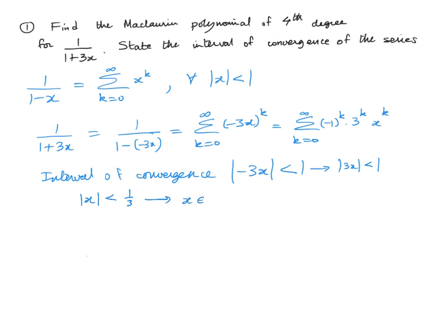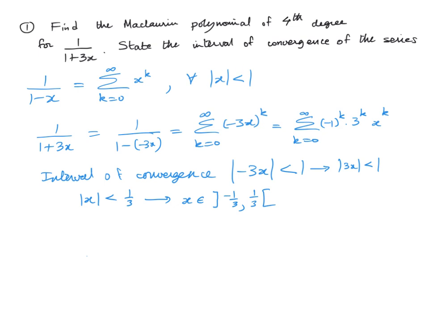X in the element of outward facing brackets negative 1/3, comma 1/3, another outward facing bracket. So this is now the interval of convergence of this new series that I discovered. And again, all I did was I took the interval of convergence statement that I had for the original one that I already knew. I plugged in the substitution negative 3x into the interval of convergence statement and just worked out what that meant about x for that particular interval of convergence.